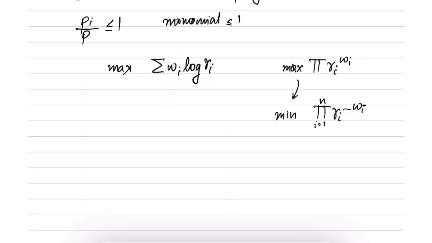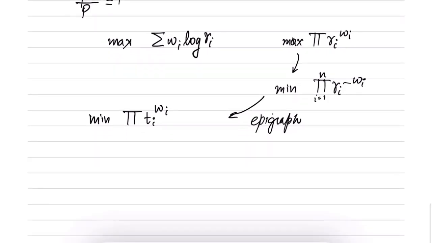Now to write this in the proper form, we can apply the epigraph trick and write it as minimize the product of Ti raised to the power Wi, where we are saying that gamma i inverse is less than or equal to Ti.